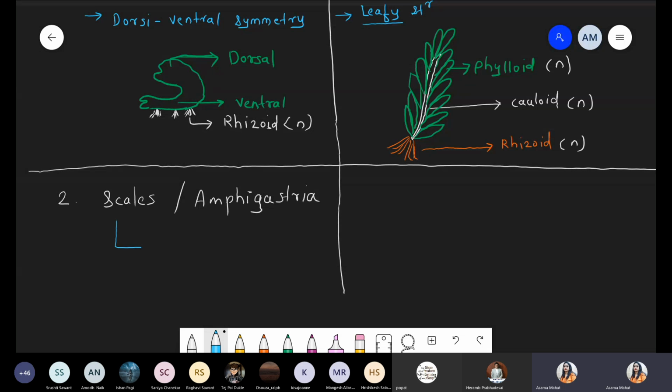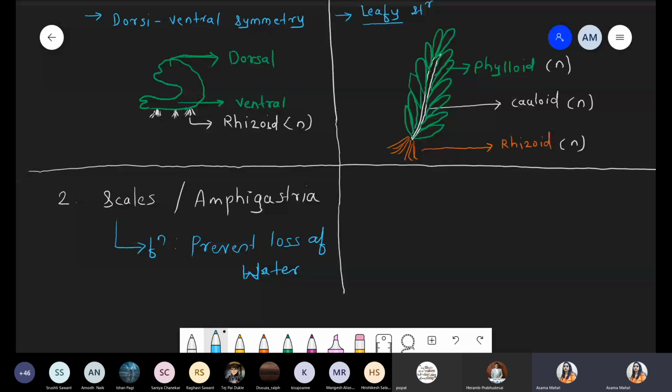So what is the function? The typical function is to prevent loss of water. That typical structure is simply called a scale.